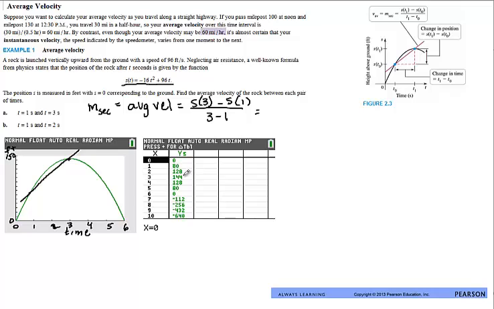I go to my table and see that at 3 I was at 144 feet in the air. At 1 second I was at 80 feet in the air, all divided by 2, and that yields an average velocity of 32 feet per second when you crunch those numbers.